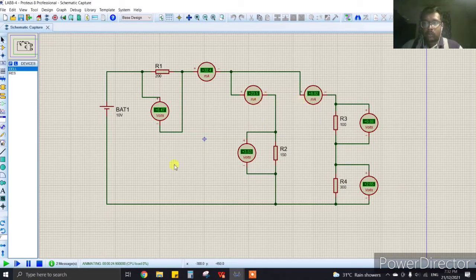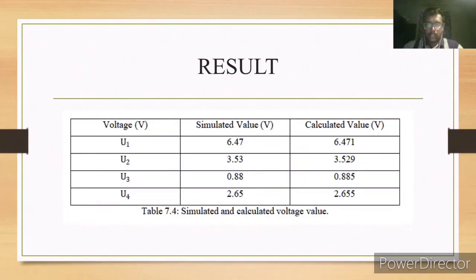So let's look into the result. This is the result that we have obtained. This is the simulated and calculated voltage value in table 7.4. In the middle of this table we have all the simulated values from the Proteus software, and this is the calculated value that we obtained using the formula.